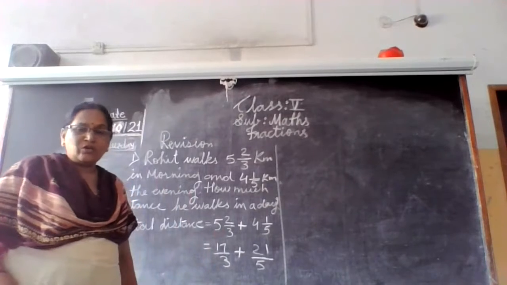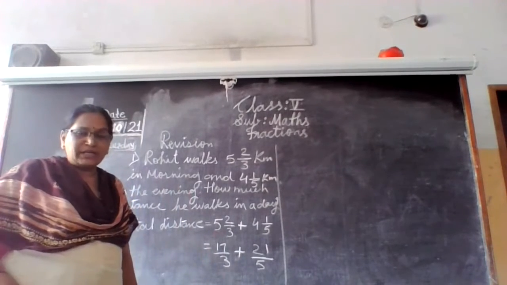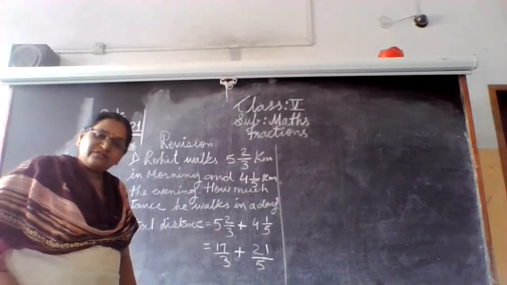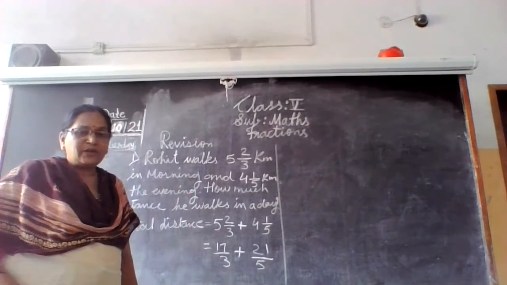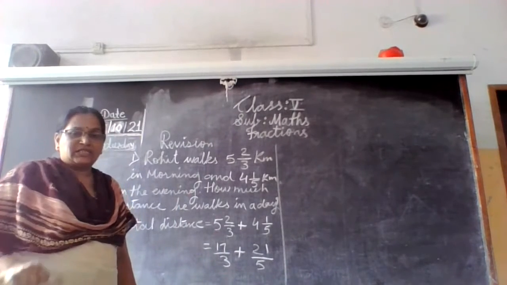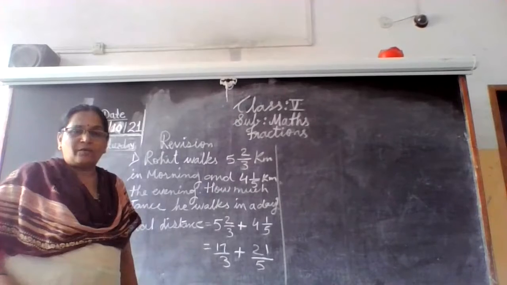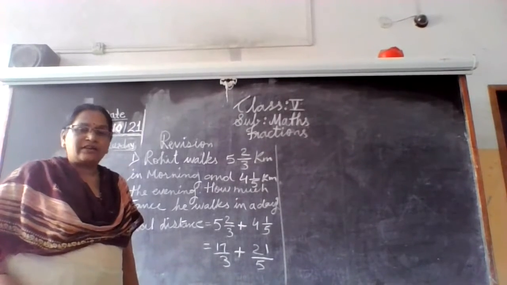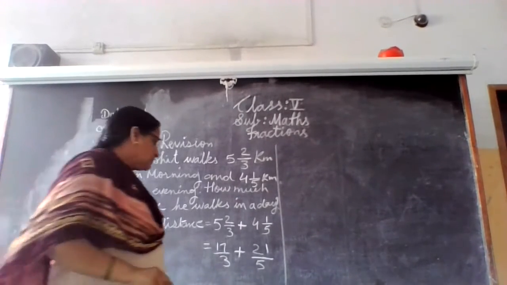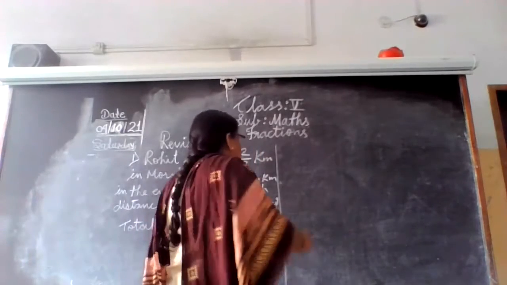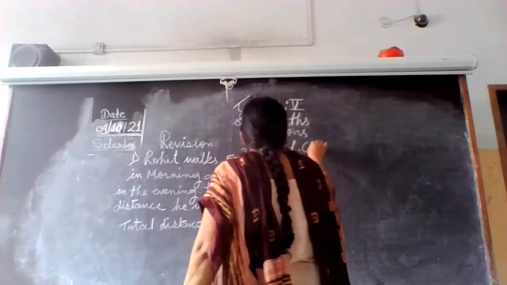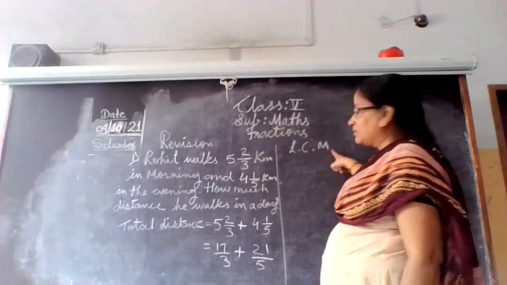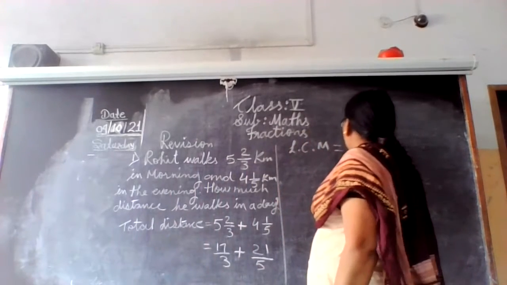There are so many common multiples, because the multiples are infinite. That's why we have to find the least. 3 5s are 15 and 5 3s are 15. So here you can write, lowest common multiple is 15.